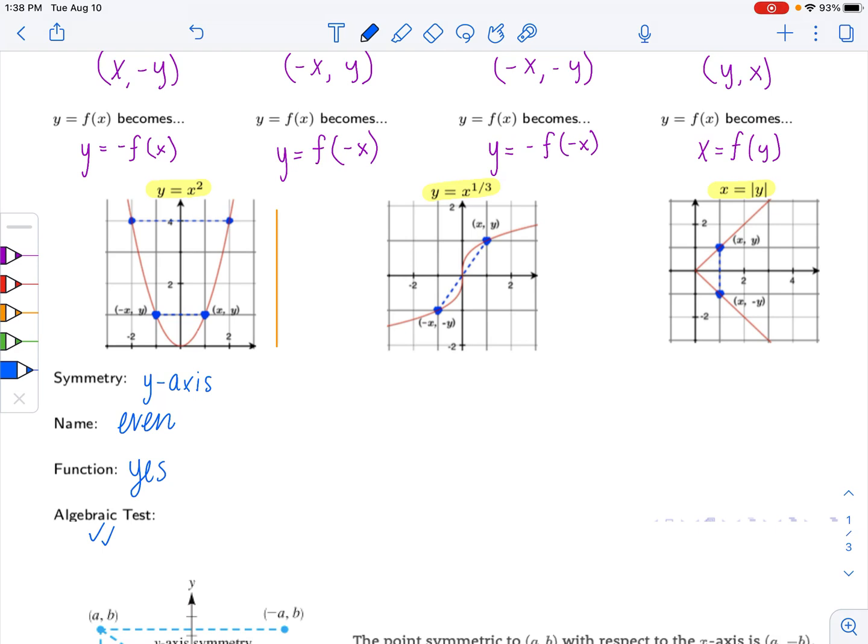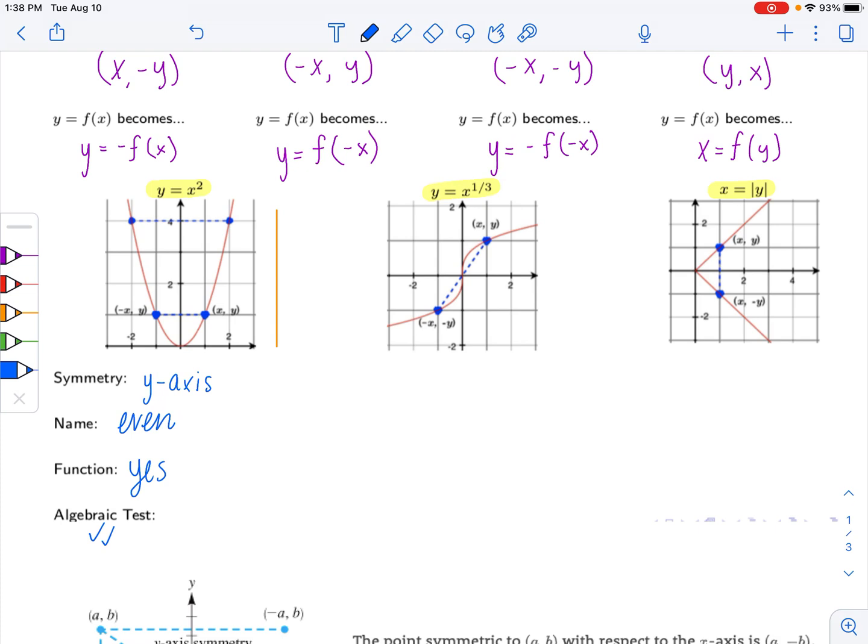What about this symmetry here? y equals x raised to the 1/3. Well, that is going to be with the origin because the points switch, the x and the y change sign. It was 1, 1. Now, -1, -1.